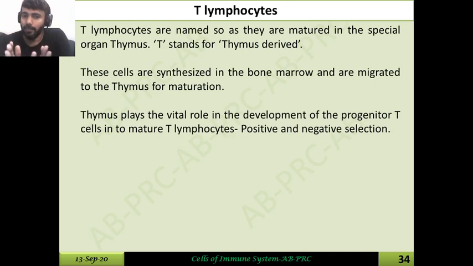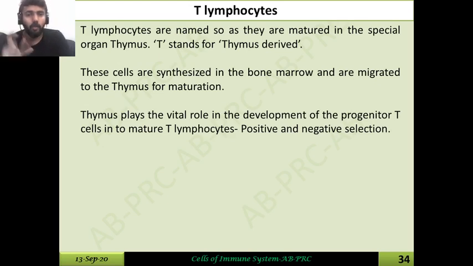These two mechanisms are collectively called thymic selection, specifically positive selection and negative selection. Positive selection is for propagation, and further development will follow. In negative selection, those cells undergoing negative selection will be eliminated.